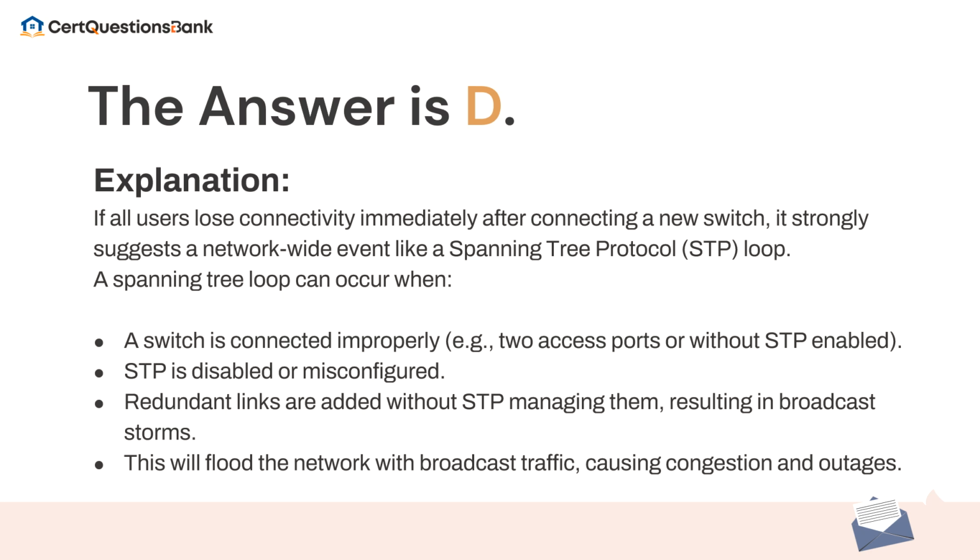If all users lose connectivity immediately after connecting a new switch, it strongly suggests a network-wide event like a spanning tree protocol, STP, loop. A spanning tree loop can occur when a switch is connected improperly, e.g., two access ports are connected without STP enabled.